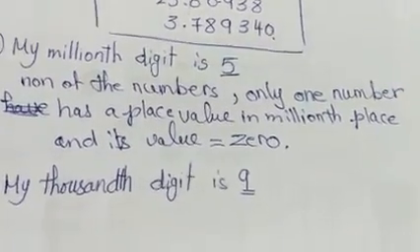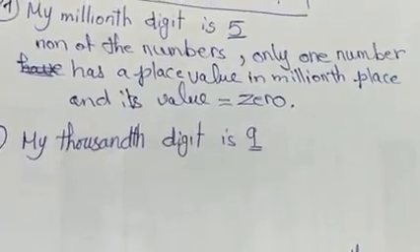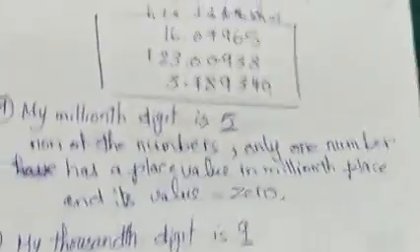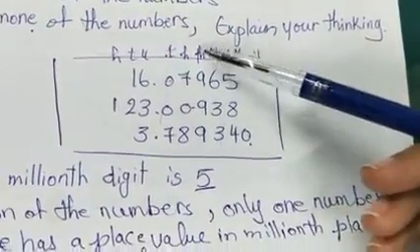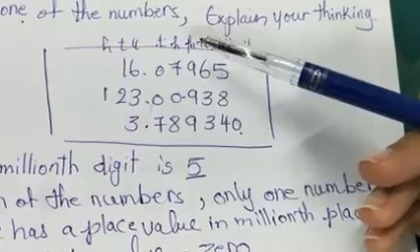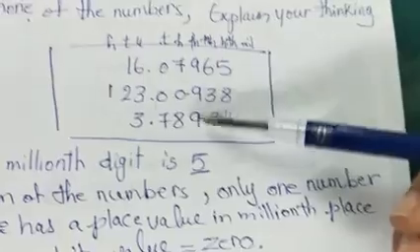Now the second statement: my thousandth digit is 9. I will have a look at the numbers. Where are the thousands? This is tens, hundreds, and thousands. My thousandth digit is 9. I have here in the thousands 9, 9, and 9.